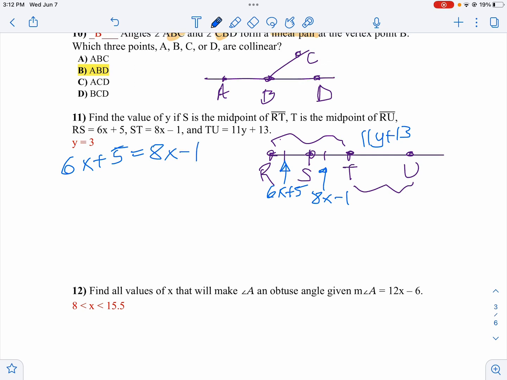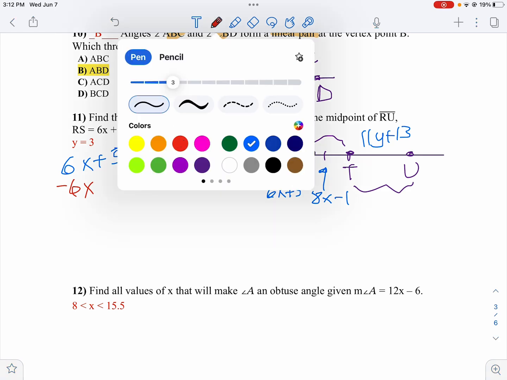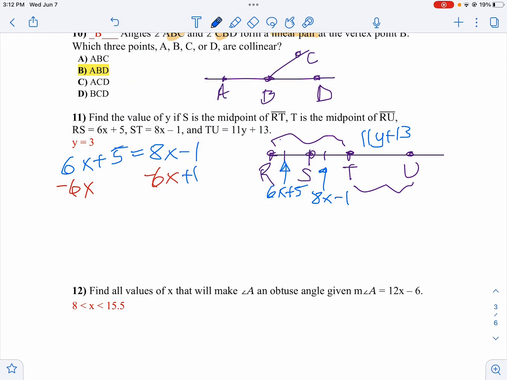And let's solve for x. I'm going to subtract 6x from both sides, because I like to move the smaller one. I'll add 1 to both sides. So I get 6 equals 2x. Divide by 2, x equals 3.